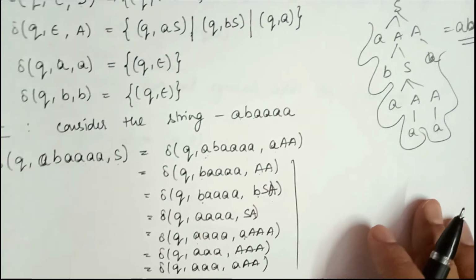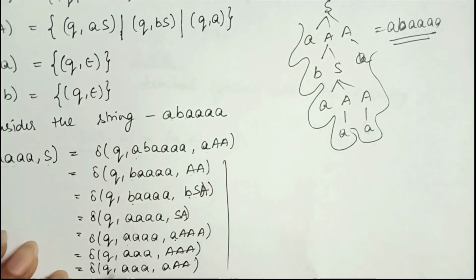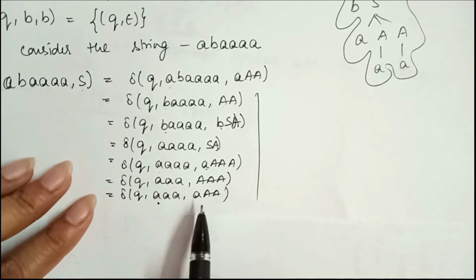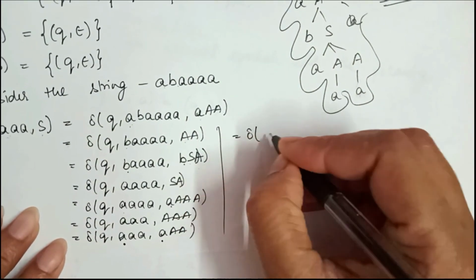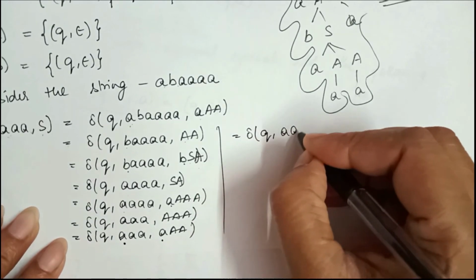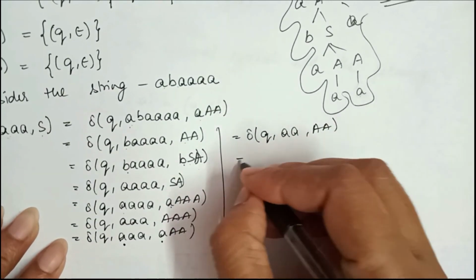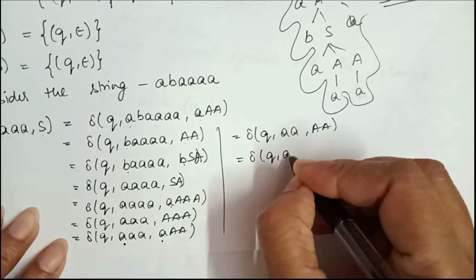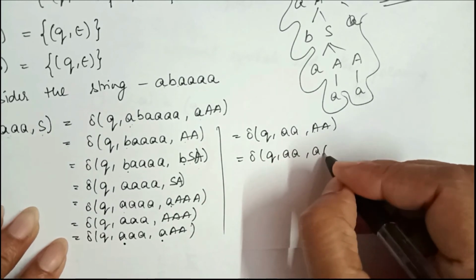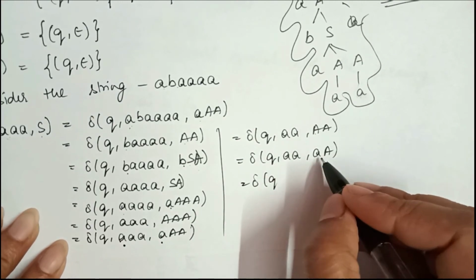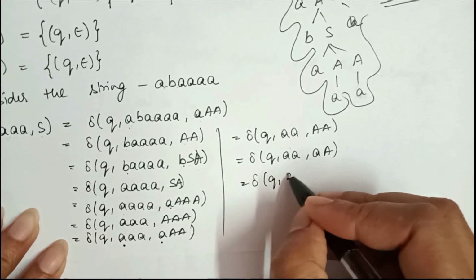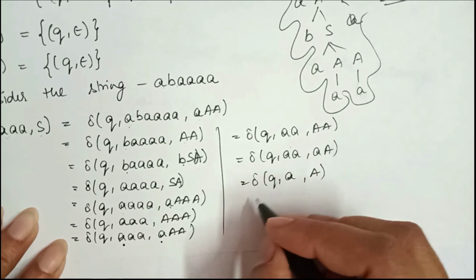Now further, this input symbol is A, the top of the stack is A, so this A can be popped out. So the remaining will be Q comma AA, capital A, capital A. So now we have to substitute this A as A capital A. Now again the input symbol is A, the top of the stack is A, so this A can be popped out and the remaining will be like this.